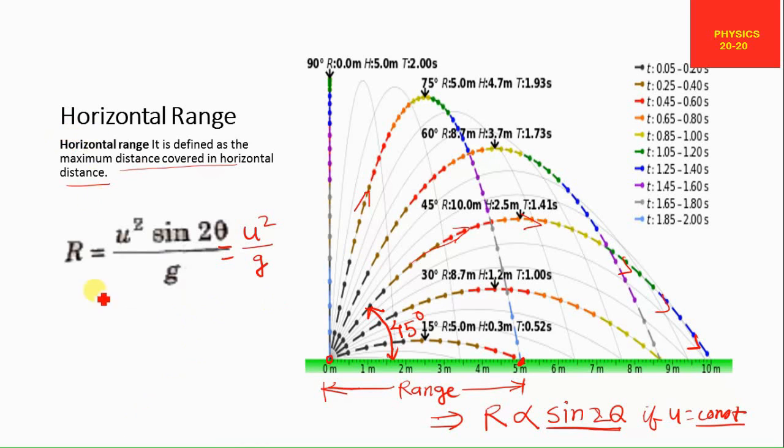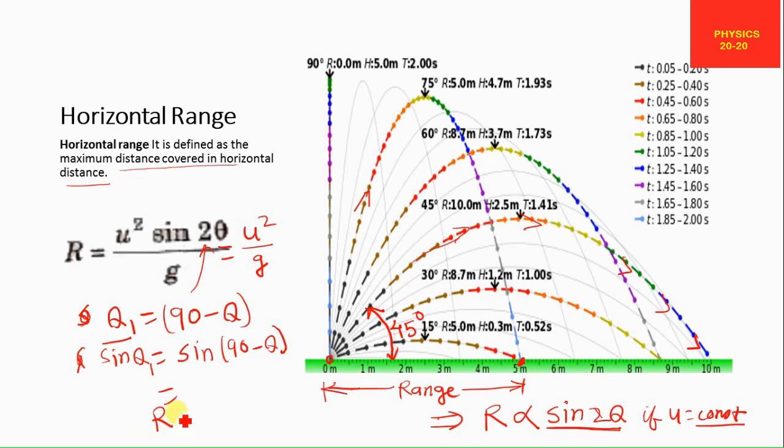Let us check this. Complementary angle means theta 1 is equal to 90 minus theta, so sine of 90 minus theta. Then what will happen in this particular relation?